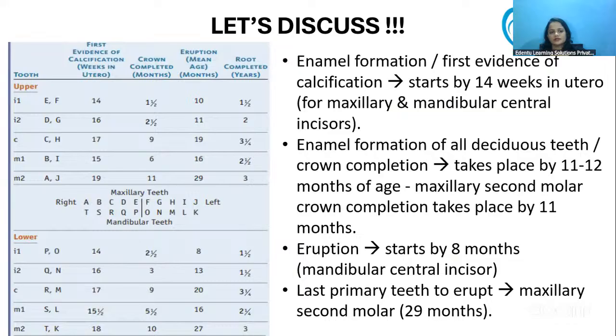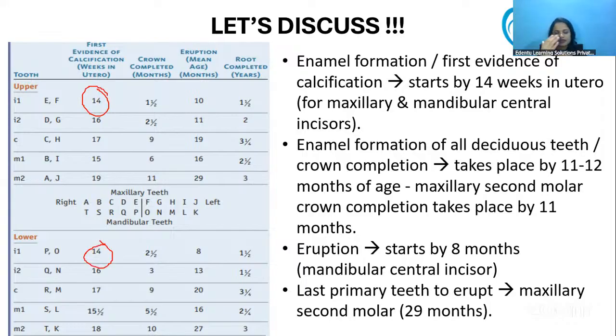In questions like this is where the importance of this table is there. The chronology of the primary dentition, you should have a look at it. The chronology of the primary dentition table and the chronology of the permanent dentition are both really important. The first evidence of calcification usually happens around 14 weeks in utero, for the upper and lower central incisors.